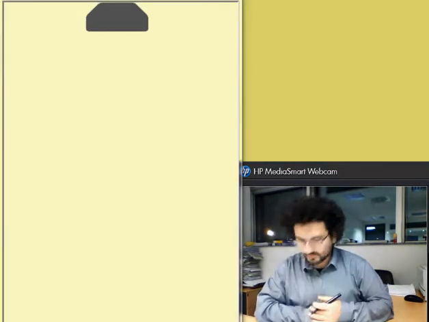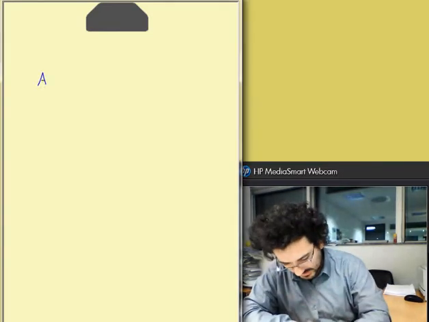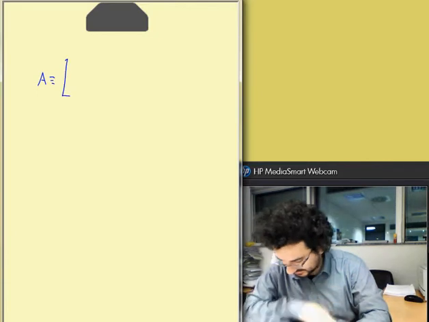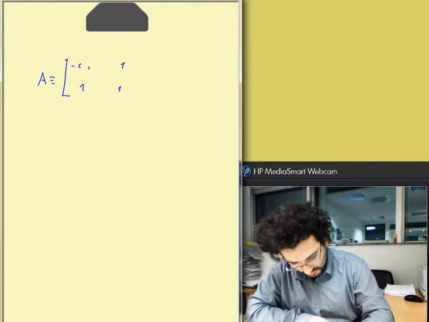Now, in order to compute the inverse matrix, we can write matrix A. Matrix A is defined as 1, minus C1, 1, minus 1, yes.